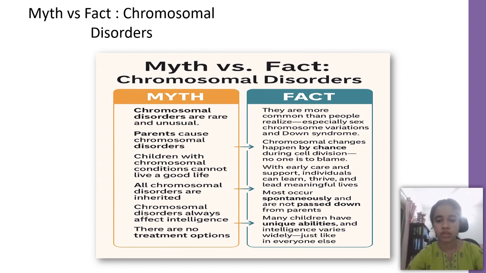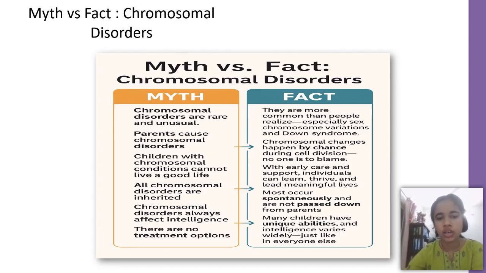And the second myth is that parents are responsible for these disorders. This is a myth. The fact is that most changes happen during early development, by chance. No one is responsible or at fault.